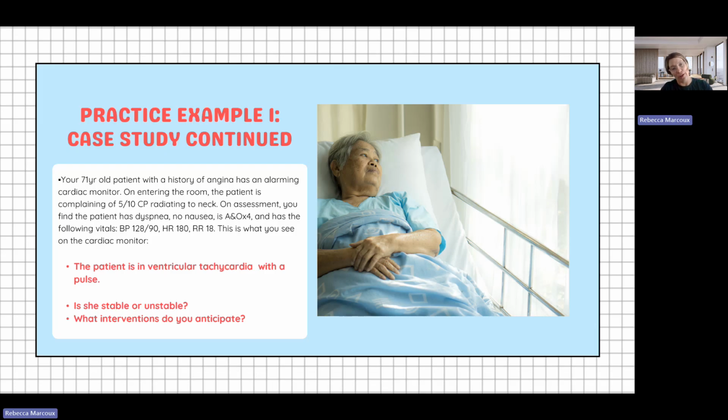And it's really hard to know when we don't have a patient sitting in front of us, okay? So given that the patient is having chest pain, I am concerned because this means they're not getting enough oxygen to their myocardium. If we're not getting enough oxygen to our myocardium, that tissue is at risk.